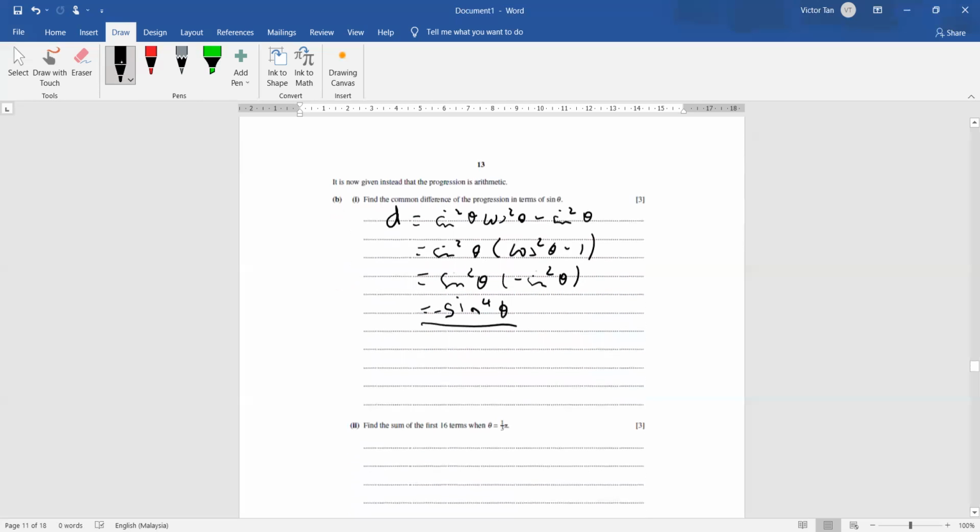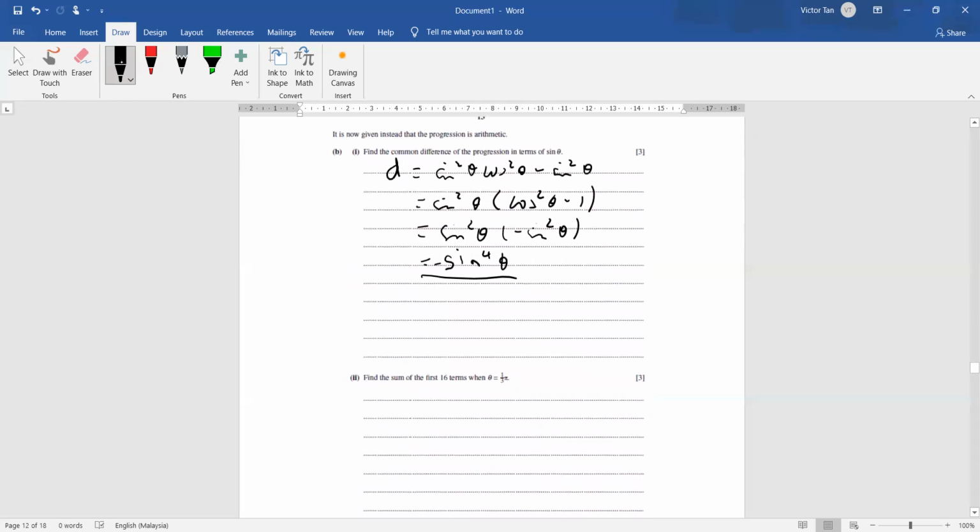Find the sum of the first 16 terms when theta is 1 over 3 pi. So I'm going to find the sum first. S16 equals 16 over 2 times, 2 sine square theta plus 15 times minus sine power 4 theta.